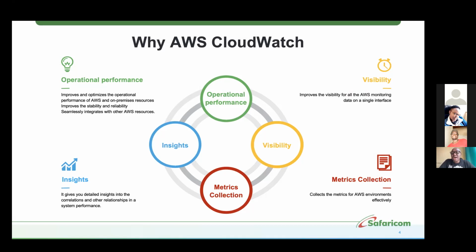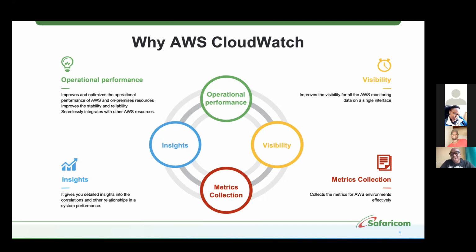It helps us improve operational performance and resource optimization, because you will be able to see whether one side is underutilized or overutilized, and then you take the necessary action, as Winnie has said, before the customer complains. And then it gives us visibility and actionable insights from the reports that it will give us. You heard me mention one of the features was insight on containerization.